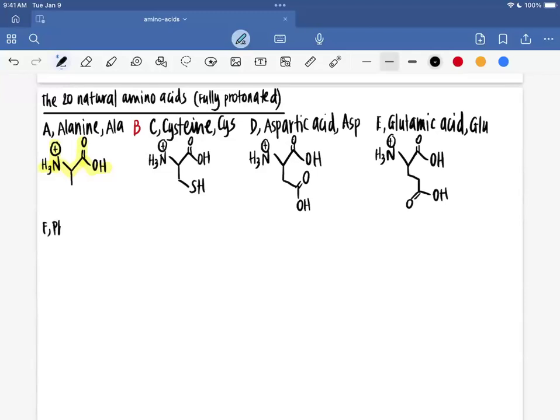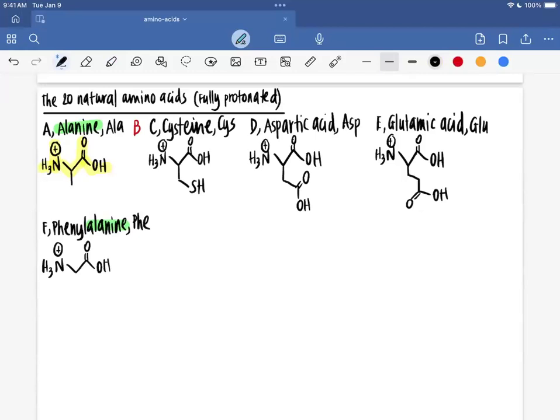F is for phenylalanine, which has three-letter code PHE. You may be noticing that alanine is not a completely new name, that we used that in our first amino acid. And so you could actually use that to your advantage to draw alanine as your starting point for phenylalanine.